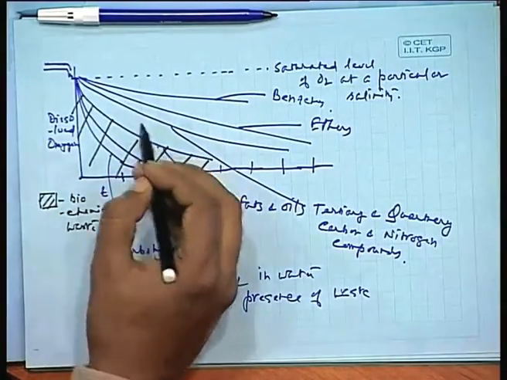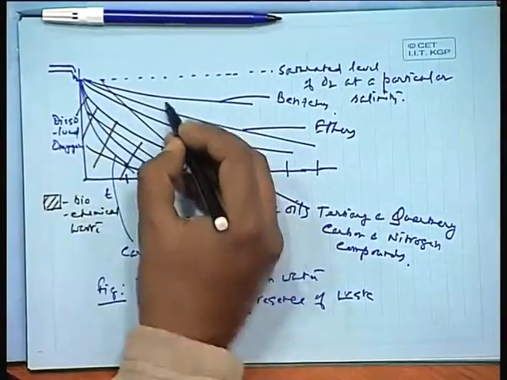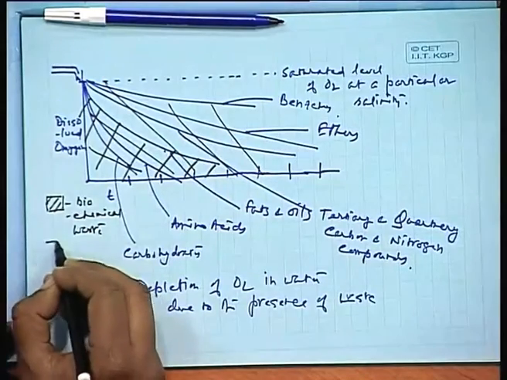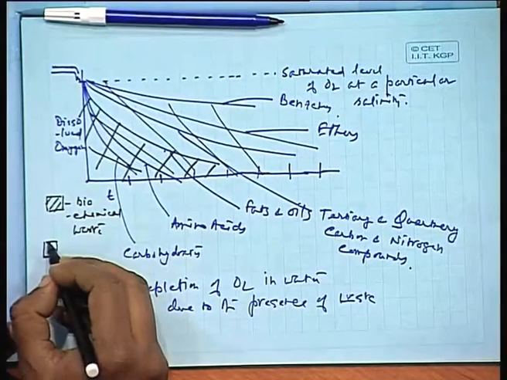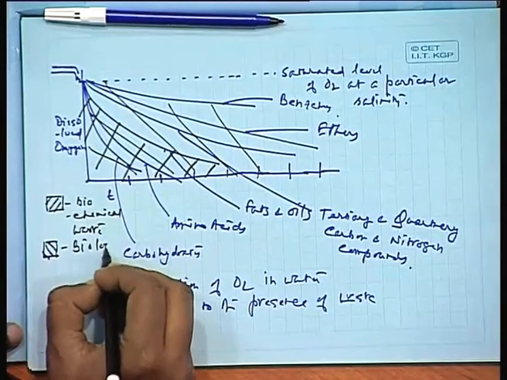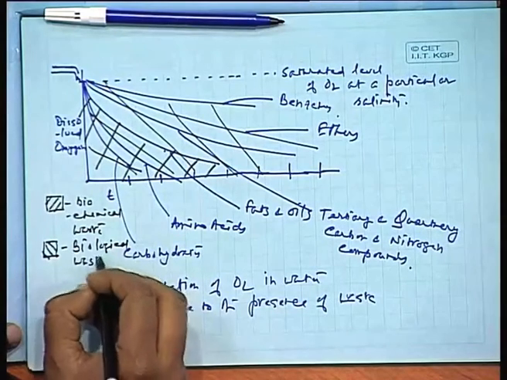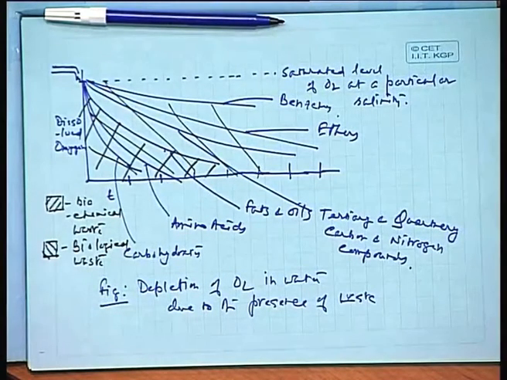The other portion, as you can see, would be the total biological waste. So this is what we generally observe. This is the depletion that takes place. This is the behavior of different wastes in water.